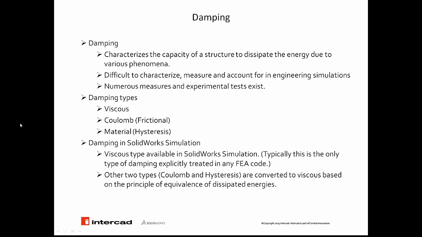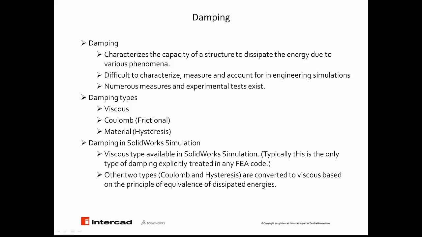This phenomenon is really difficult to measure or characterize. We usually take experimental tests to understand the vibration and dampening ratios of our structures. We have three major types of dampening in reality: viscous, Coulomb or frictional, and material.